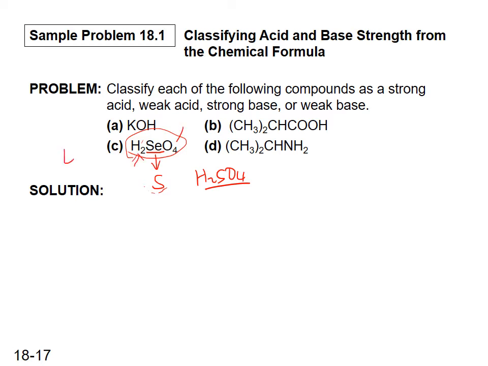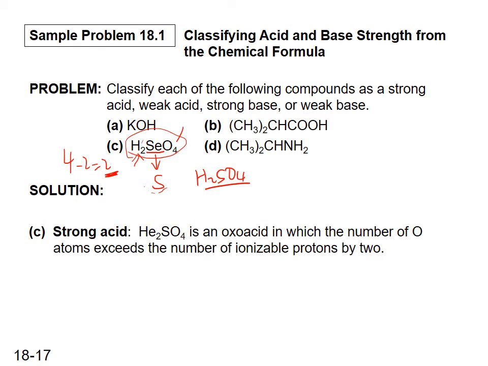The difference is 4 minus 2 equals 2. If the difference is 2 or more, that's a strong acid. In D, we see nitrogen, and that reminds us of a lone pair of electrons, even though it isn't drawn. If you draw the Lewis dot structure, there is a lone pair of electrons. So that indicates this is a weak base.